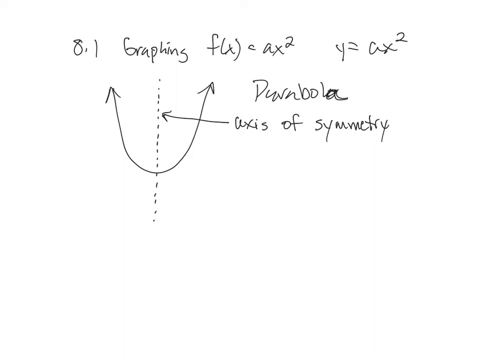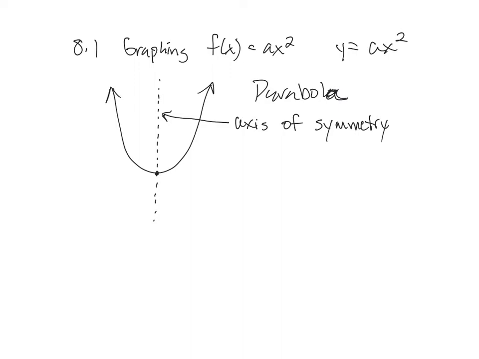It's very helpful because whatever the graph looks like on the left, it looks exactly the mirror image on the right, and vice versa. So if you were to fold your piece of paper over, where the fold is right on the axis of symmetry, the graph should match up right on top of each other. And that helps us a lot, and I'll get into that when we do some examples.